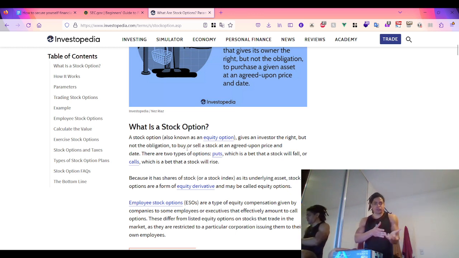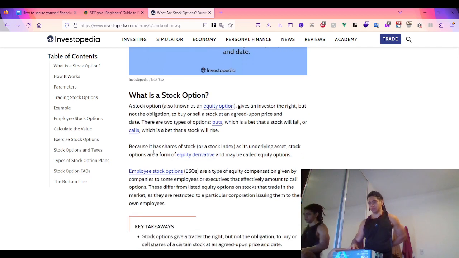It's a financial instrument, whether it's an asset or a package of capital, that gives the owner the right, but not the obligation, to purchase an asset at an agreed upon price and a specific date.